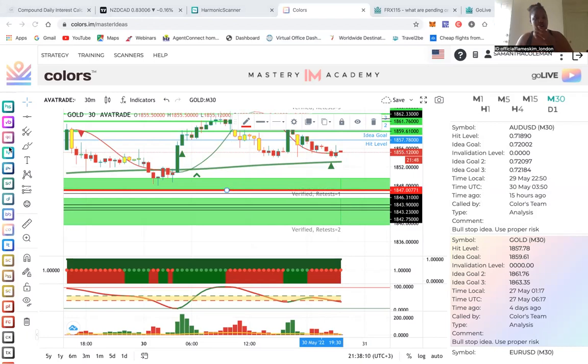All of these trades around here are pending orders. If you come onto London session, this is how we're going to get trades in for London session. If we're doing a normal session like Asian session, like you guys saw, the gold and the NZD CAD, those are from the strategy itself.